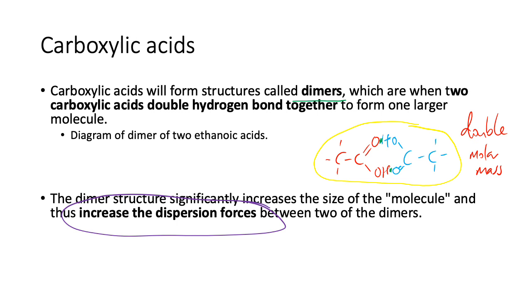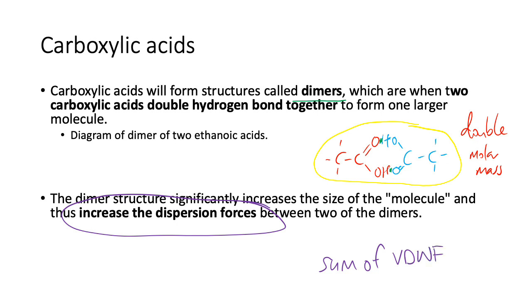And if you remember, as you go up in size, you will have greater dispersion forces, and at some point, the dispersion forces are going to take over as the predominant force holding stuff together. So now, when we have carboxylic acids, the increase in size means the increase in dispersion forces holding them together, which means they're going to have a greater sum of intermolecular forces, or van der Waals forces.